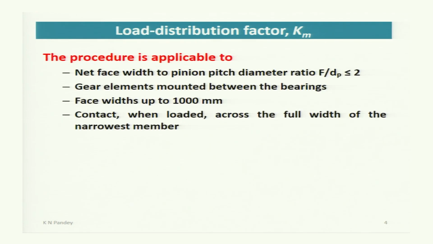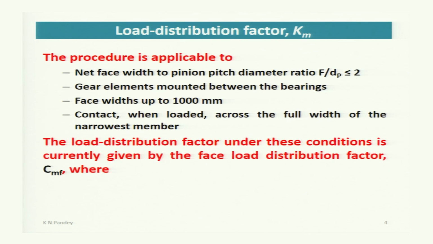This empirical method is applicable where the net face width to pinion pitch diameter ratio F divided by dP is less than or equal to 2, gear elements mounted between the bearings, face widths up to 1000 mm, and contact when loaded across the full width of the narrowest member.